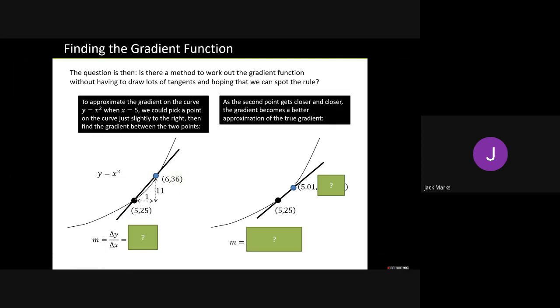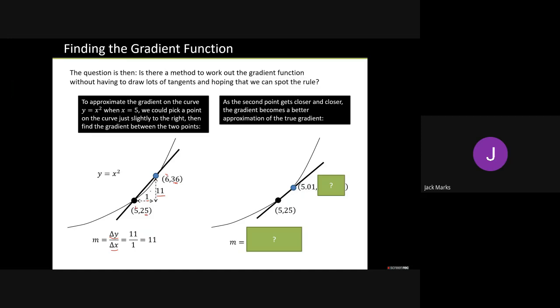This is much steeper than it looks in the diagram. Well, the difference in y values is 11, and the difference in x values is 1. So the gradient of that tangent that I've just drawn there, it's not really actually a tangent. This is called a secant line, like a cutting line. But you can see this approximation that I've drawn there would have a gradient of 11. The difference in y's over the difference in x's.